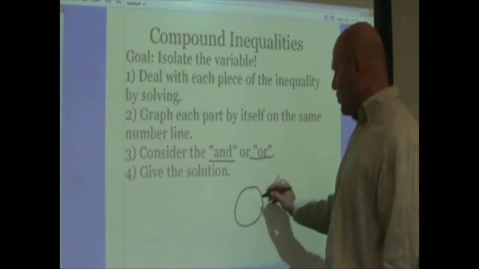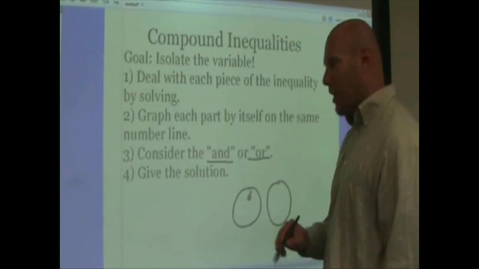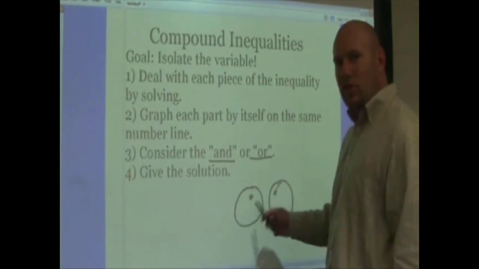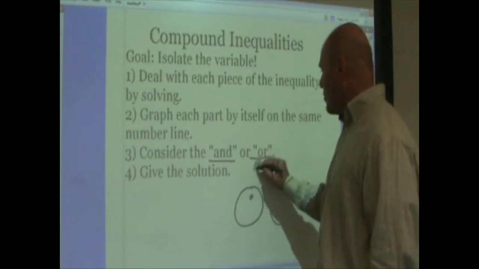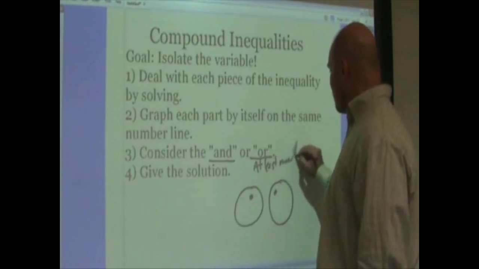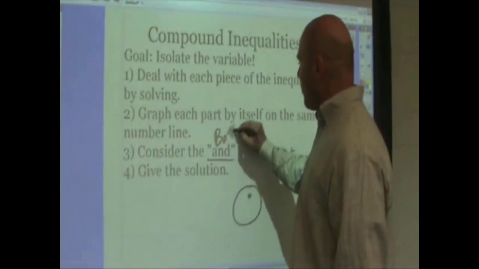So in the or situation, you might take your prize out of this one and then go on your happy way, or you might be a greedy little brat and take it out of both bags. Either way, you've met the or. You've met either one condition or both, but you've at least met one of them. That's what or means. It means you have to at least meet one condition. With and, you have to meet both conditions.